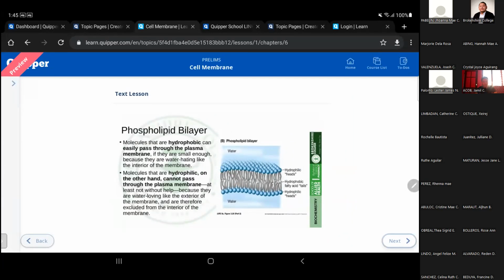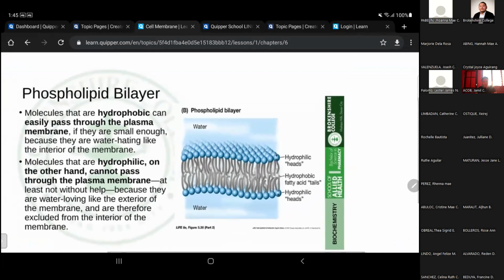Okay, to continue. Molecules that are hydrophobic can easily pass through the plasma membrane. Kasi nga, yung interior part ng plasma membrane natin is lipid in nature, or fatty in nature. Kaya yung ating mga hydrophobic or lipophilic substances could easily pass through the membrane if they are small enough because they are water-hating like the interior of the membrane.